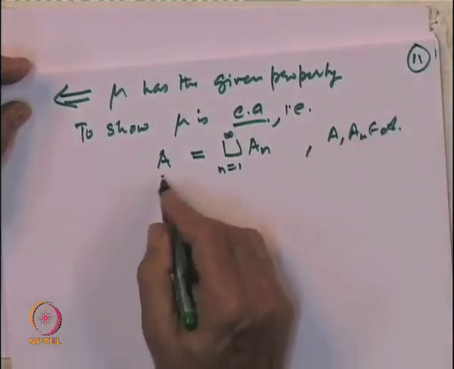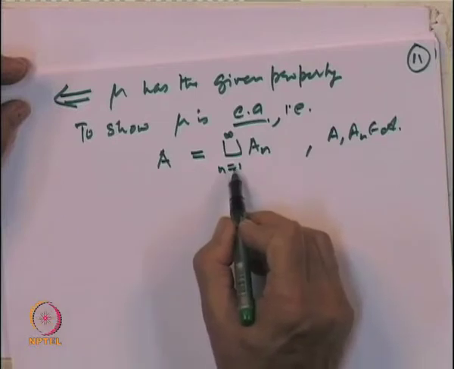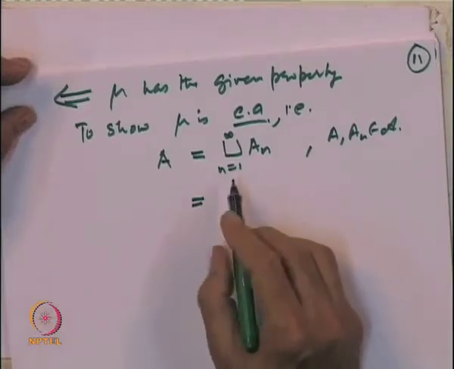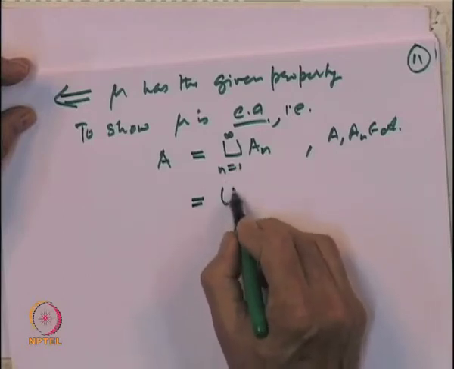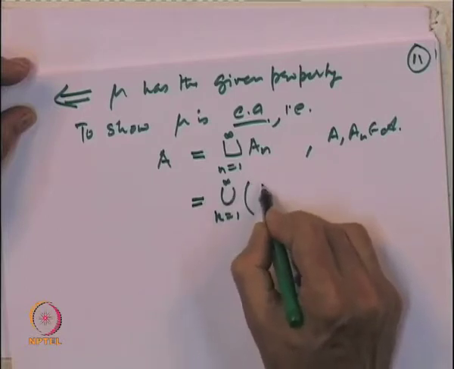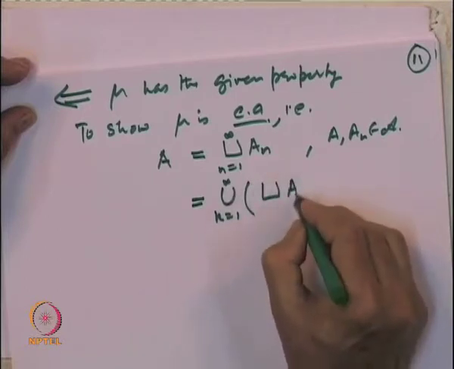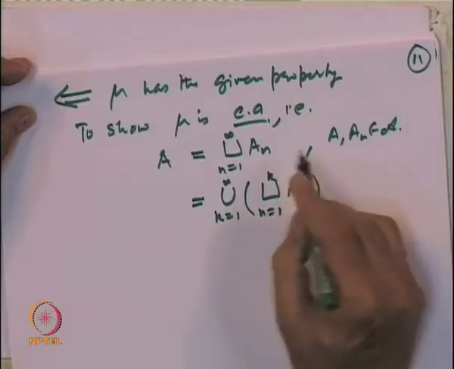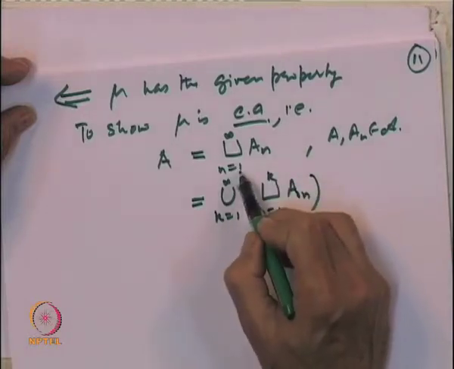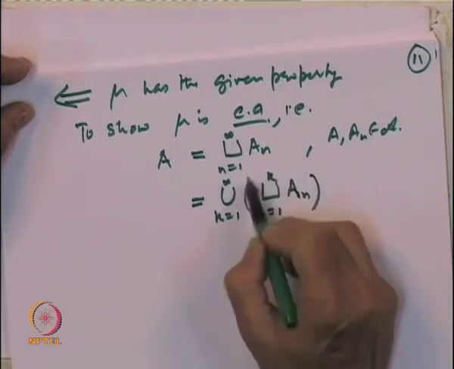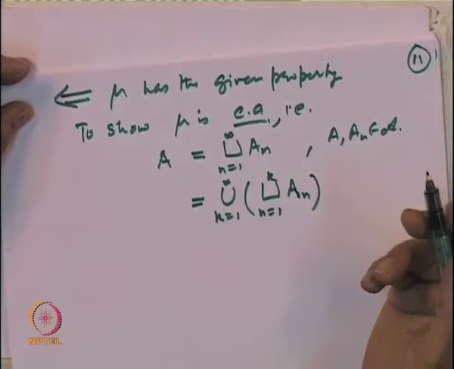We have to show that mu of A is equal to the summation of mu of A n's, but this I can write as the union over k from 1 to infinity of the union of A n, n equal to 1 to k. So, instead of taking n equal to 1 to infinity, take the union of sets A 1, A 2, up to A k and then take the union over k, both will be the same, right.